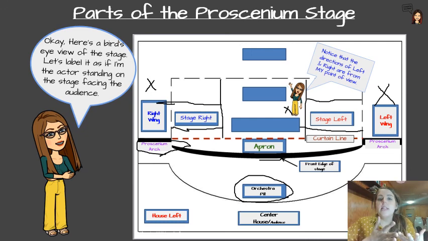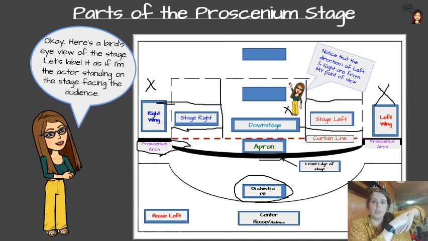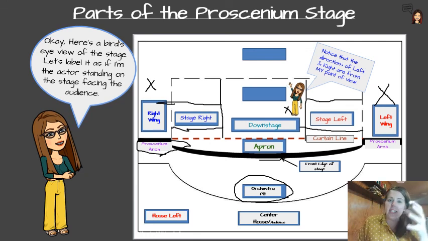In theater, to move closer to the audience is to move downstage, because, like I said, if she's at the top of the stage, she's up away from the audience. She was going down a hill and moving down towards the audience, okay? So that's why we call it downstage.